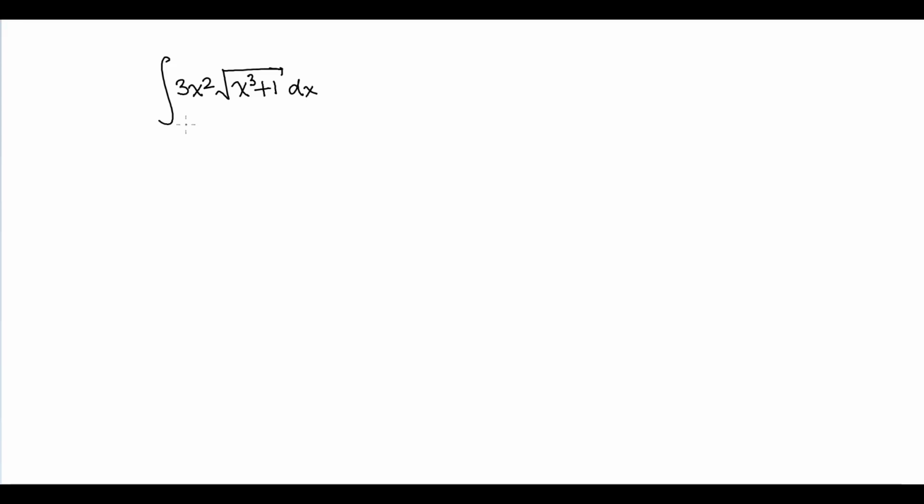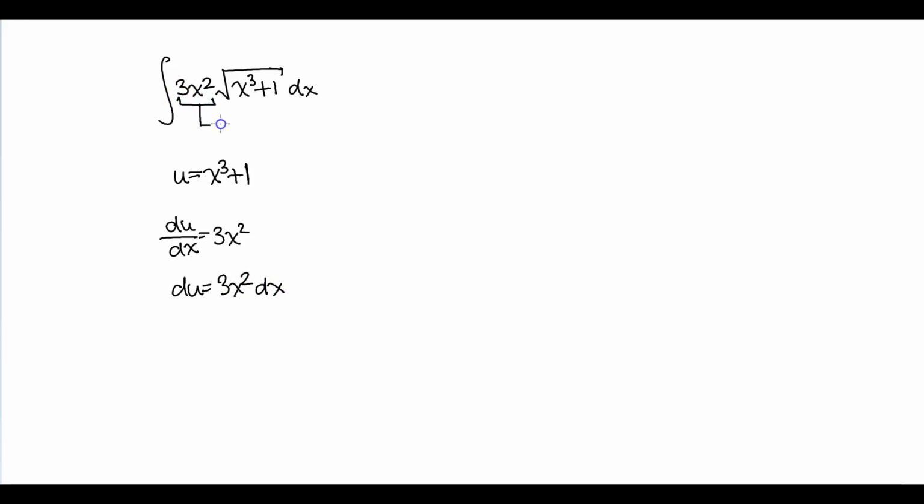However, we can just as easily define u, we have to pick our u, as x cubed plus 1. Okay? And the derivative with respect to x, du dx, equals 3x squared, and 1's a constant. So du equals 3x squared dx.